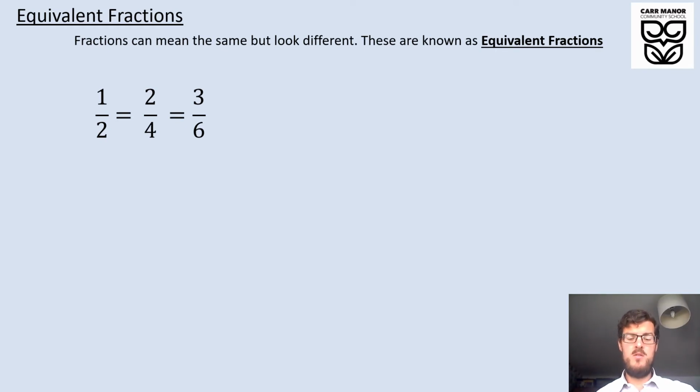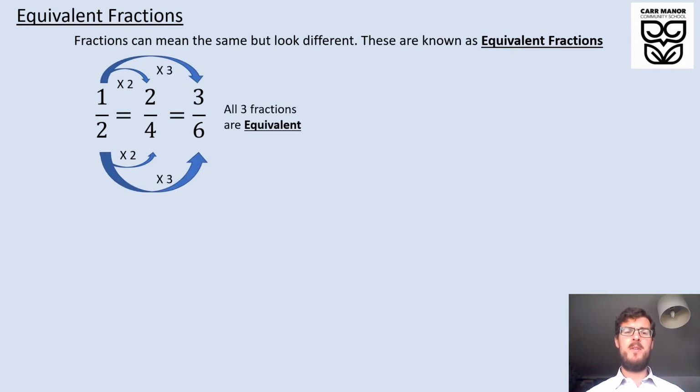Now I've got 2 slices out of the 4. Or if I'd cut the whole pizza into 6, if I had half, I'd be getting 3 slices out of the 6. You can see that each one of those fractions represents the same amount of pizza, it's just in different numbers. How we generate them, how we make them, is by multiplying the top and bottom by the same number.